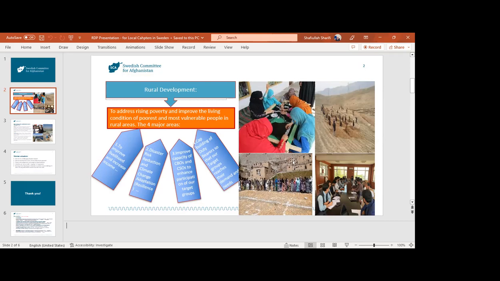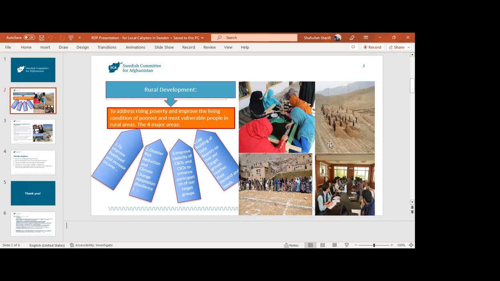Here in the picture, you see participation, how the local communities and CDCs are involved. Although it is now challenging, it is difficult, as seen in the picture, to bring women and men together. This is one of the pictures from the previous period. Community people and CDCs are one way or another involved in our program.